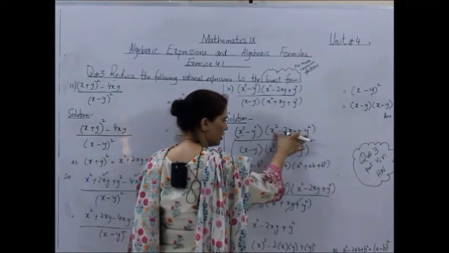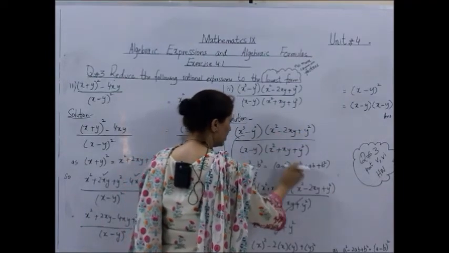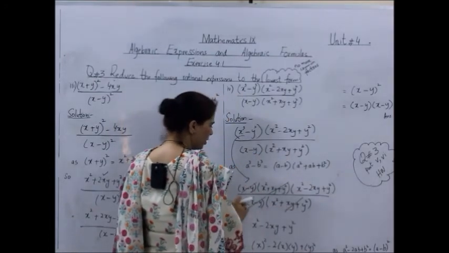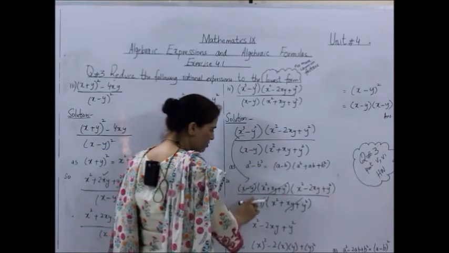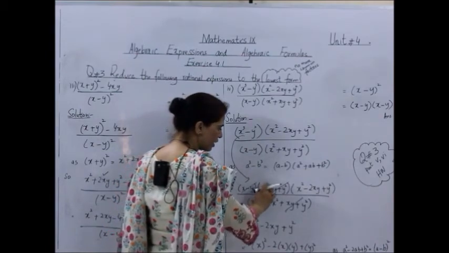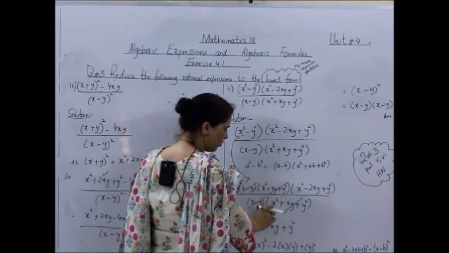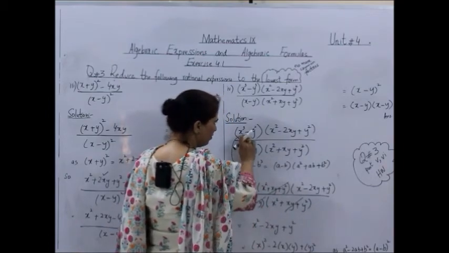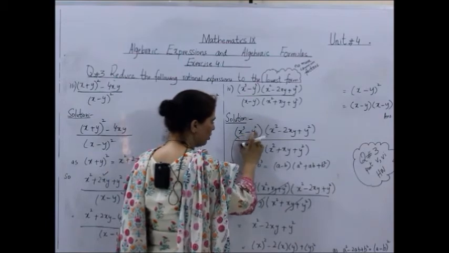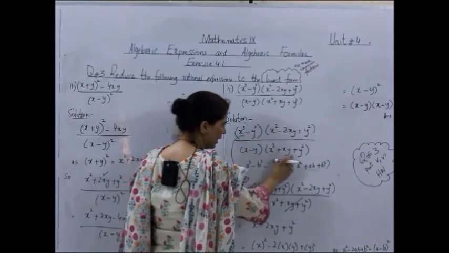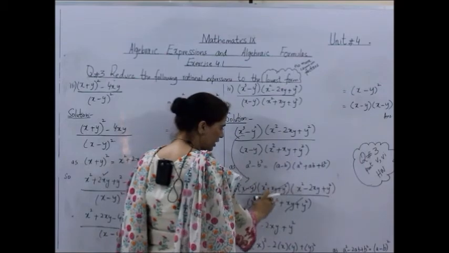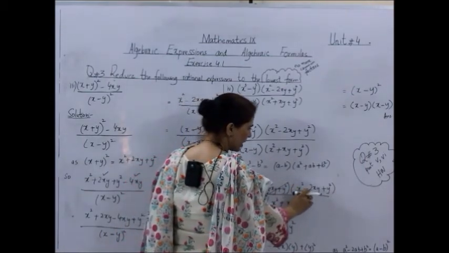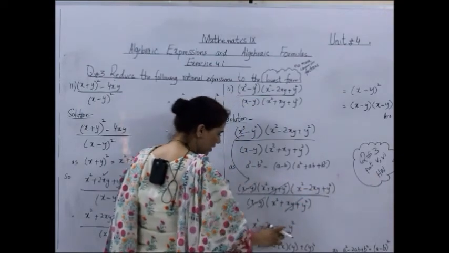This algebraic expression will become as it is, and these two will also remain as they are. Why? Because we can easily cancel x−y with x−y, and x²+xy+y² will be cancelled out with this x²+xy+y². The formula of x³−y³ will be easily cancelled out by the denominator. We cancelled the like terms in numerator and denominator. We will be left with x²−2xy+y².